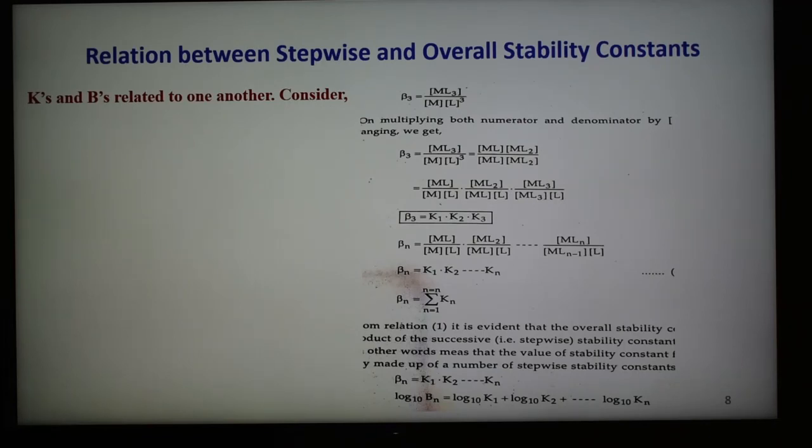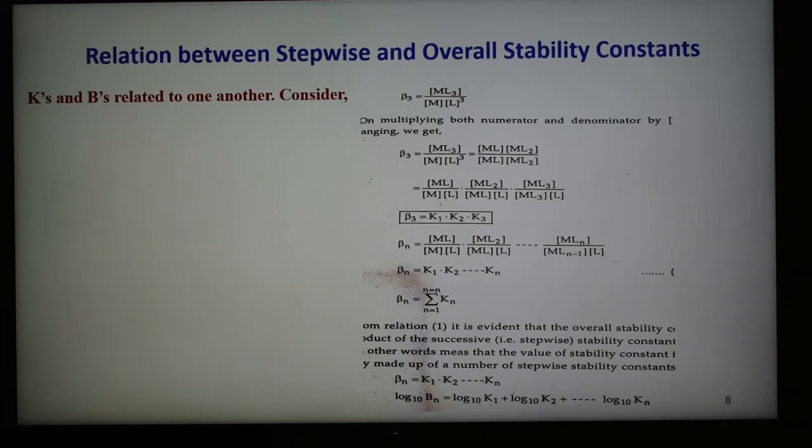In other words, the stability constant of the given complex is made up of a number of stepwise stability constants. Therefore we can write beta n equals K1 into K2 into K3 up to Kn, or log base 10 beta n equals log K1 plus log K2 plus log K3 up to log Kn.